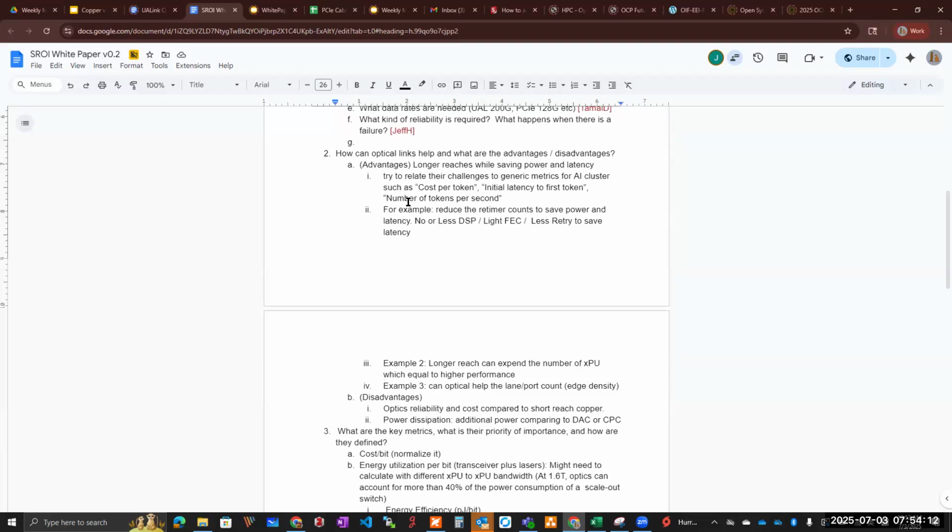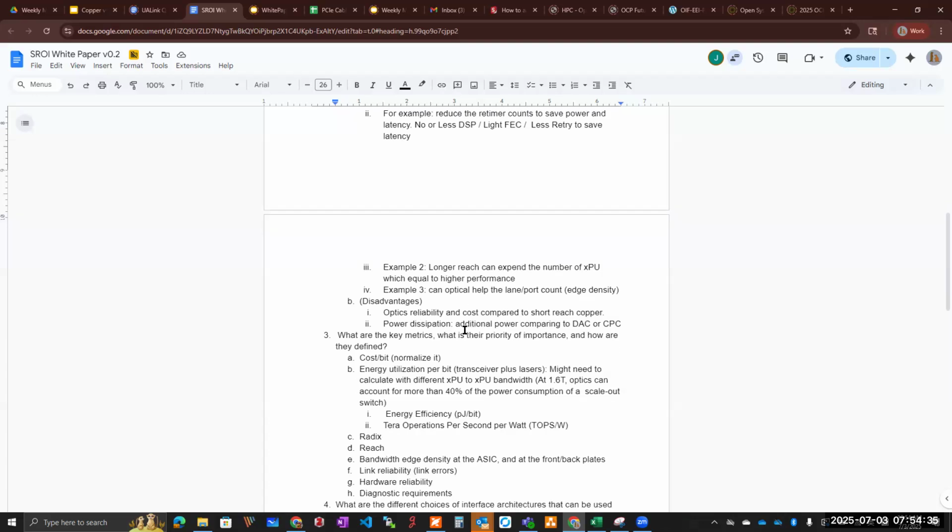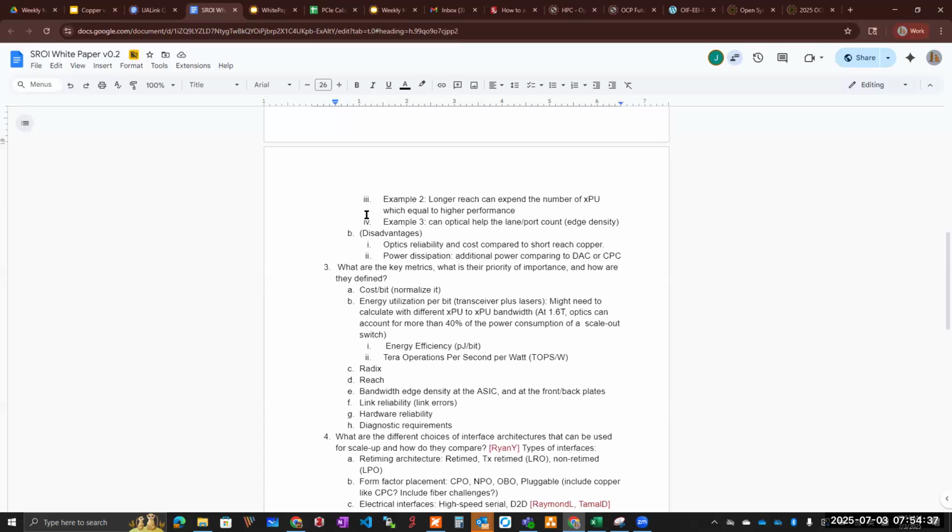So, some analysis about how optics can be implemented in the scale up network, and what would be the disadvantages for that, because the optical reliability or the cost is slightly higher than the copper cable, something like that.